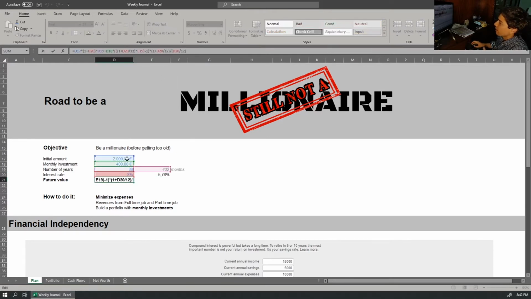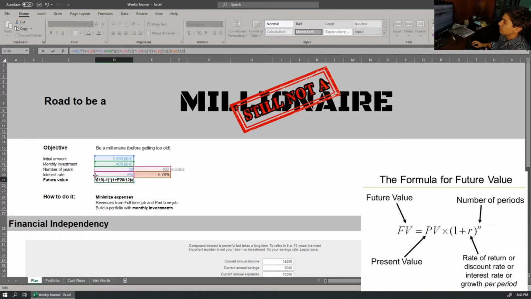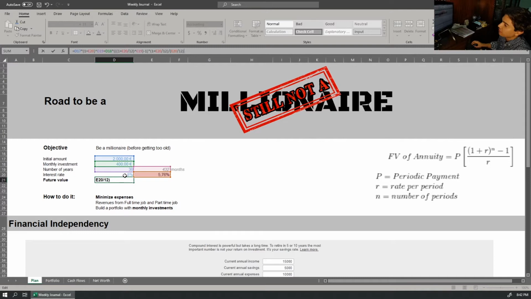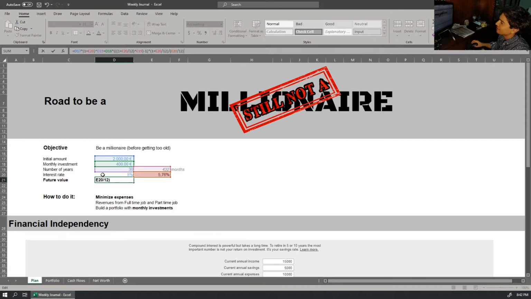I have made this formula, a basic formula. I'll leave it in the video, but it is simply the sum of the compounded present value, that is the initial amount, and the annuity. In this case I've converted it to a monthly annuity, because I want to save 400 euros each month.